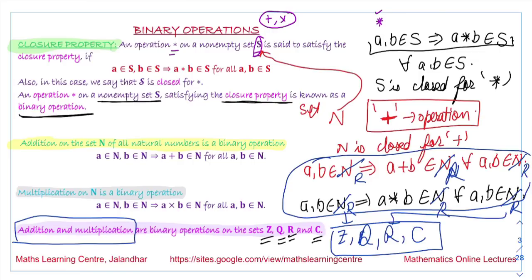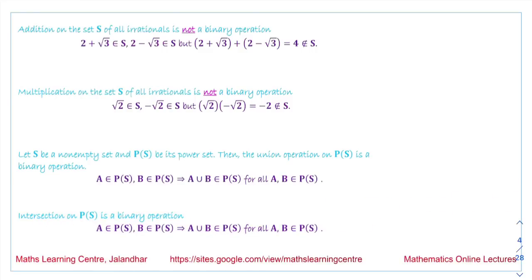Next, we talk about the operations of addition and multiplication on the set of irrational numbers, represented by S here.